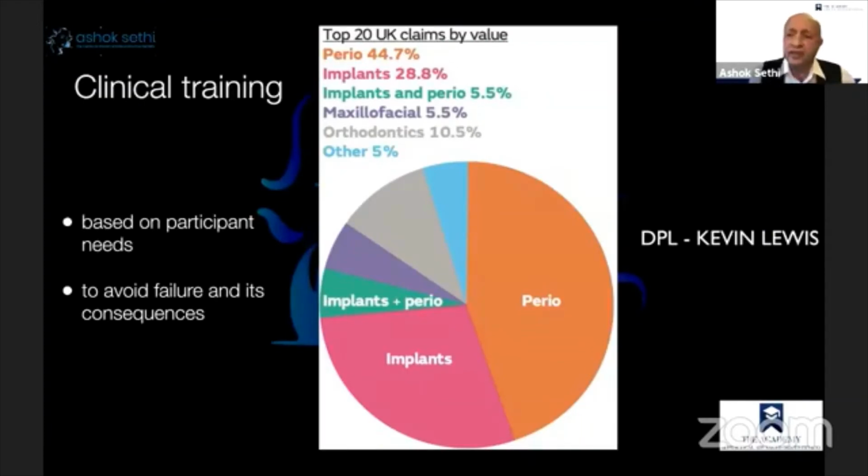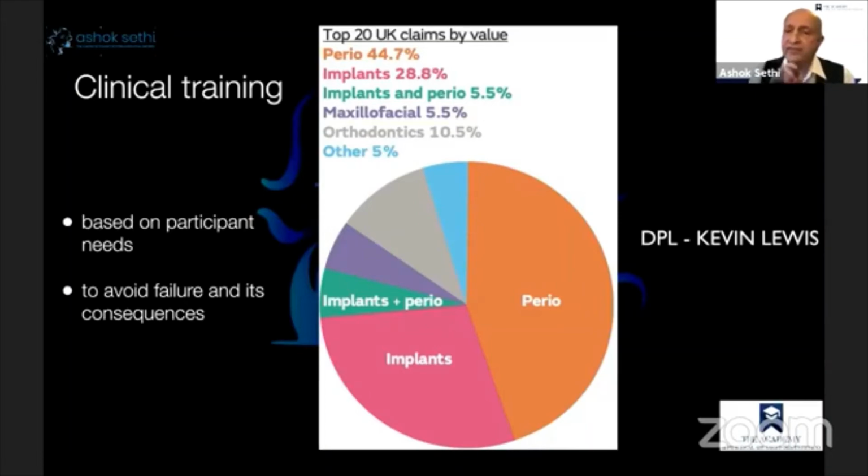I throw this up. This is an old slide from Kevin Lewis. And what you can see here is the litigation, the cases that came in for litigation to dental protection. Look at the orange piece, and that's a very large bit, and that's perio. Perio means that all patients get perio. And if that is that much litigation around perio, that's huge.